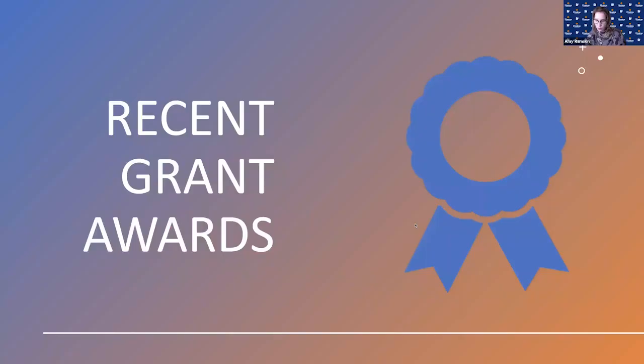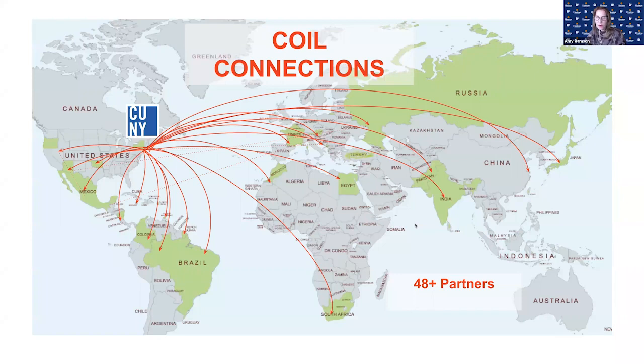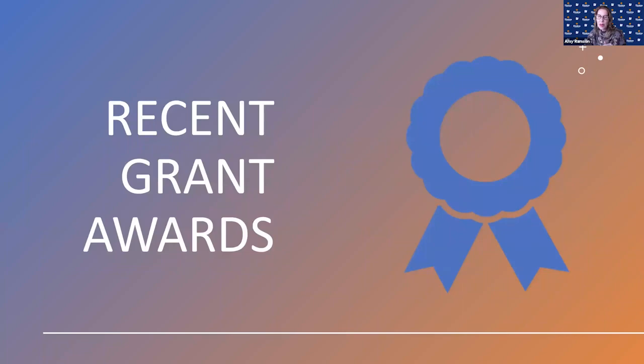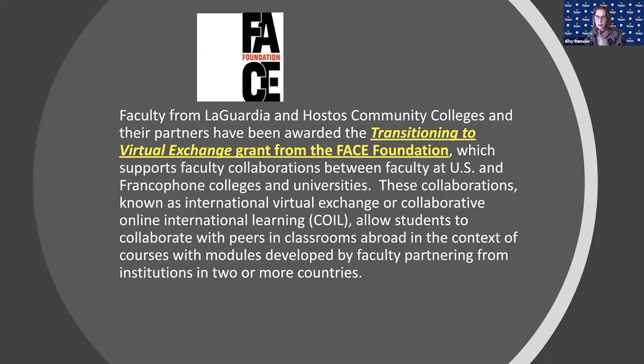So we can just show you all the connections across CUNY with the different partners, over 48 partners that all the campuses have connected with. And we've gotten grants. For example, I and Olga, we got a grant, a French embassy and Face Foundation grants.